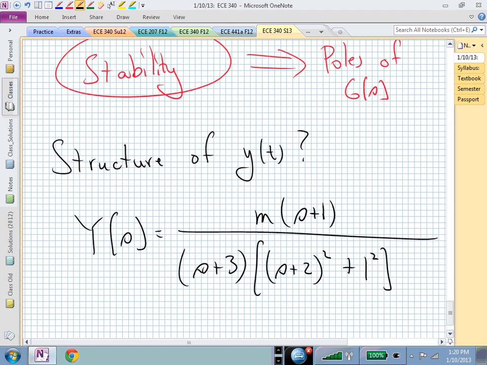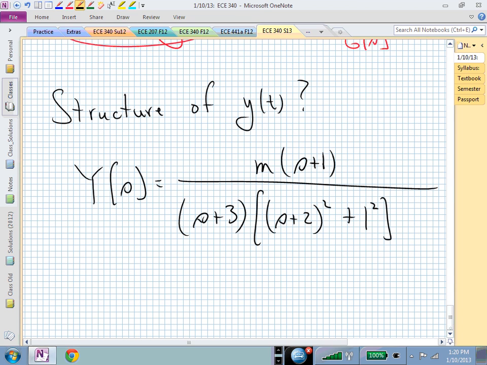And you should be able to, if not today, then in a week or two, do this almost instantly, especially now that we've factored the denominator. Now we know structurally what this is going to look like.